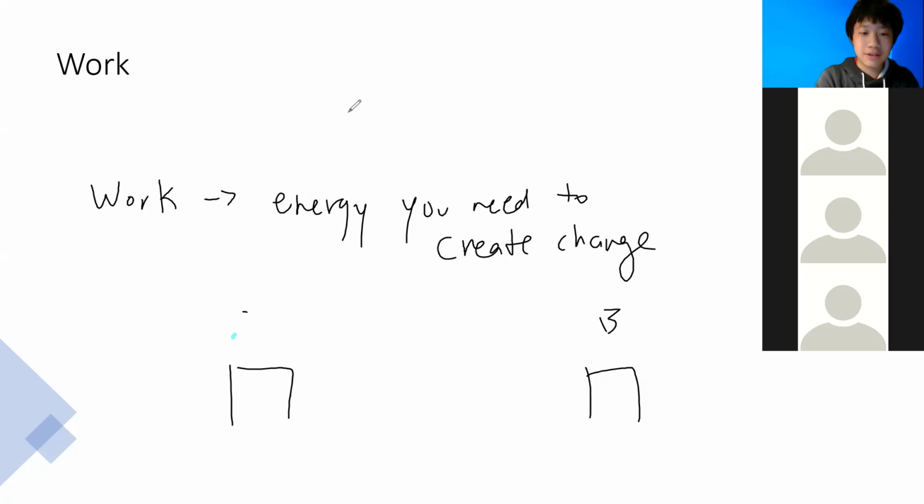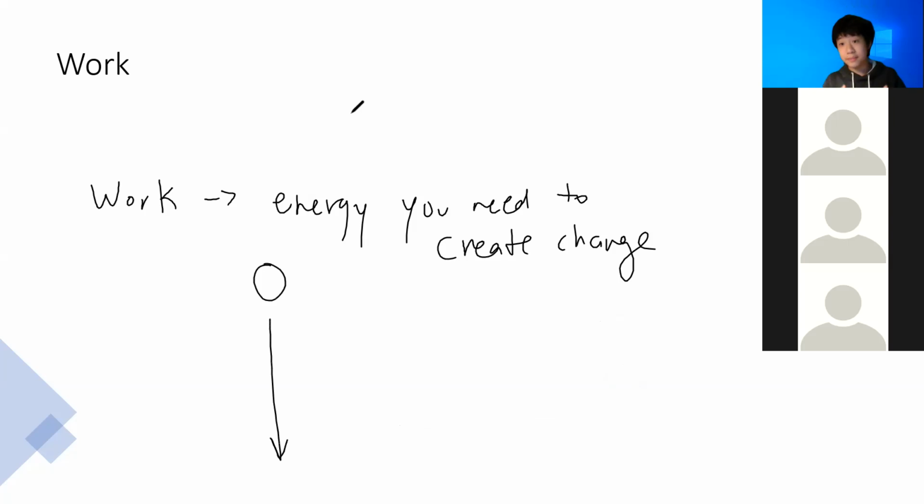Another way you could visualize this is if you were to drop a ball and the ball starts moving. If something starts out not moving and then later it has some kind of velocity, then some kind of work must have acted on it, because the ball's speed has changed. In this case, gravity does the work required to create that change.